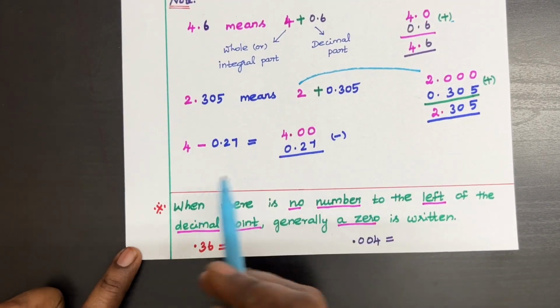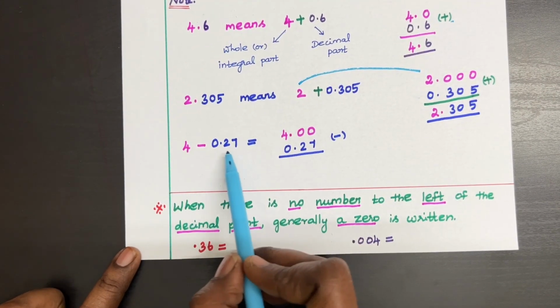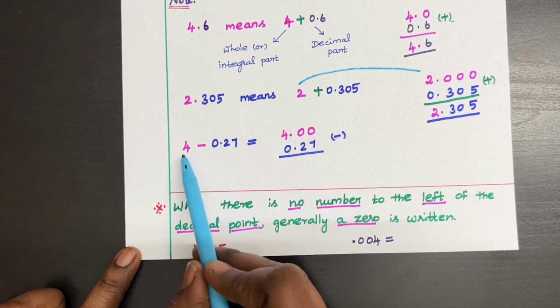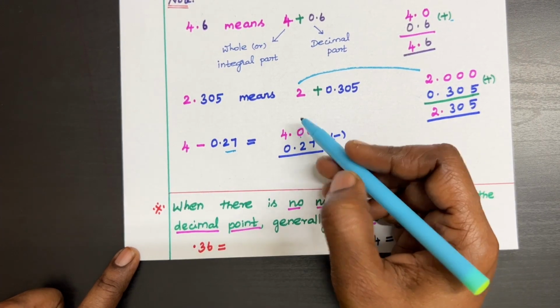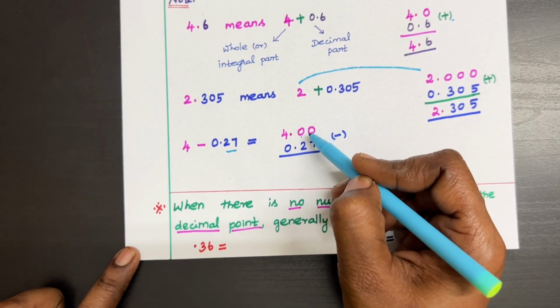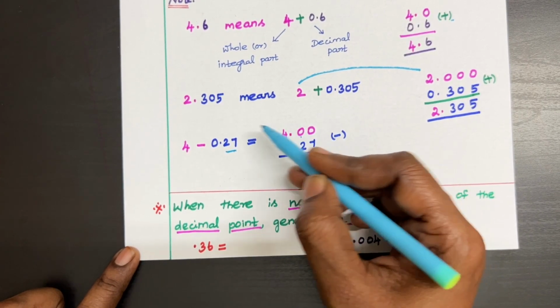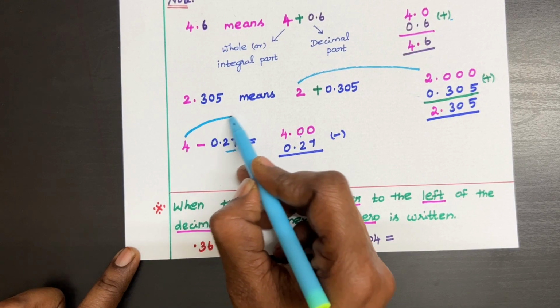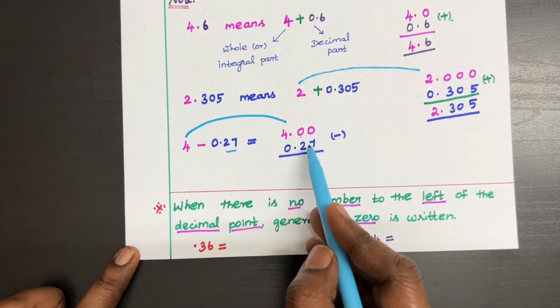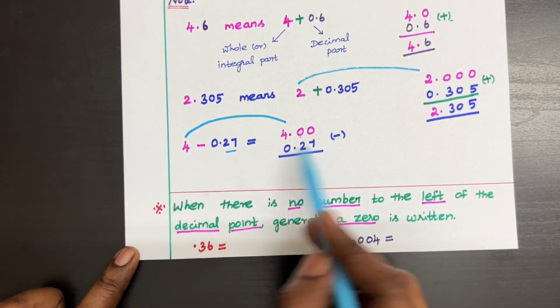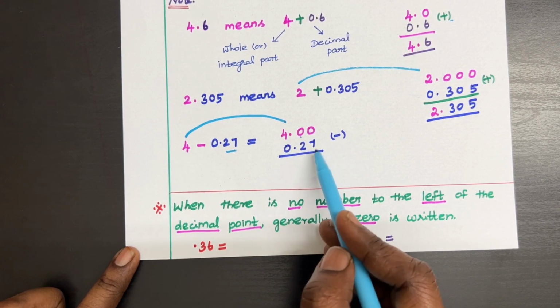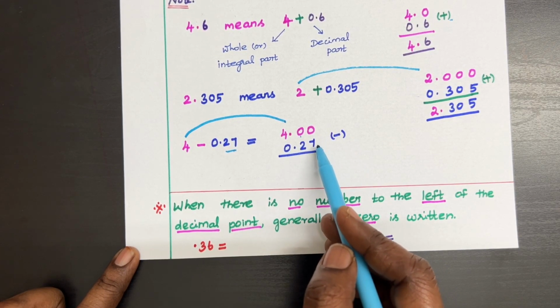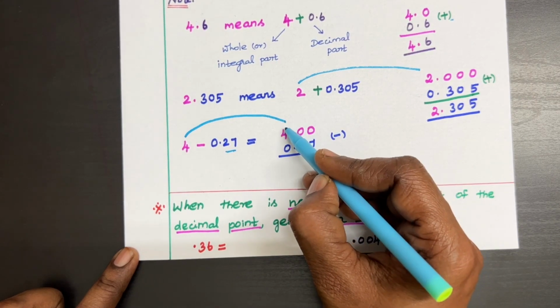See here, this is 4 minus 0.27. How to do this? 4 can be written with 2 decimal places. We can put zeros in the whole number part also. This 4 can be written as 4.00. It won't affect the value of 4. So 4.00 minus 0.27. Now 0 minus 7 won't work, so we need to borrow from 4.